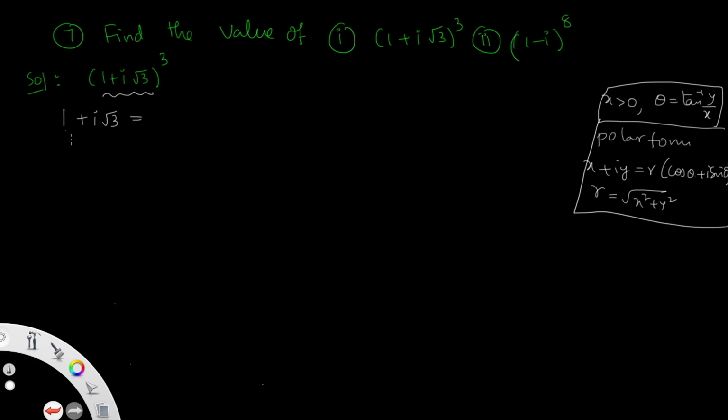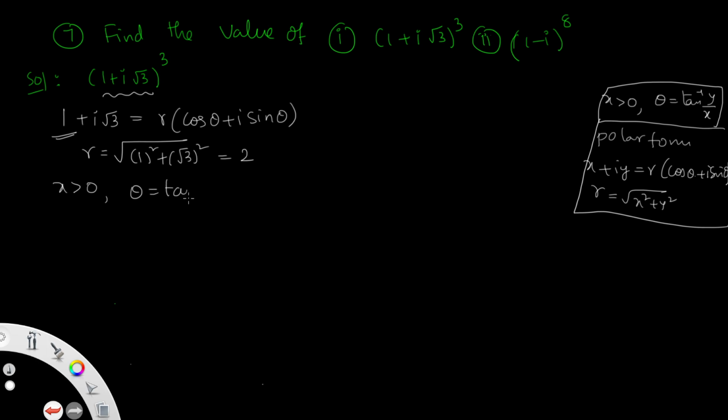That's why I'm writing here 1 plus i root 3 in the form r (cos theta plus i sin theta), where r equals the modulus, root over the real part square plus the imaginary part square. That is nothing but 2. And for theta, x is positive, so theta equals tan inverse of y by x.